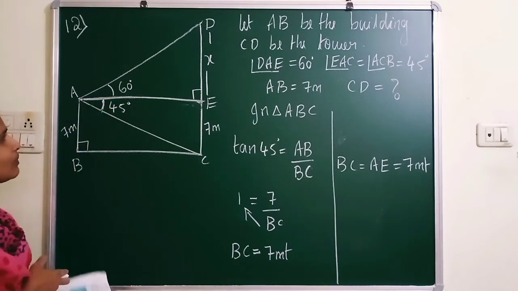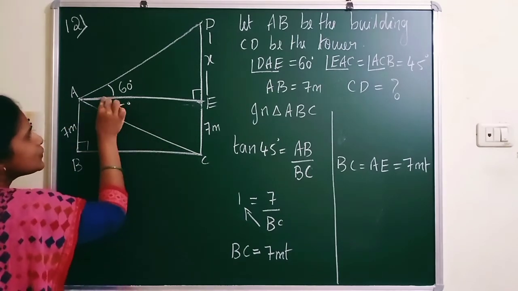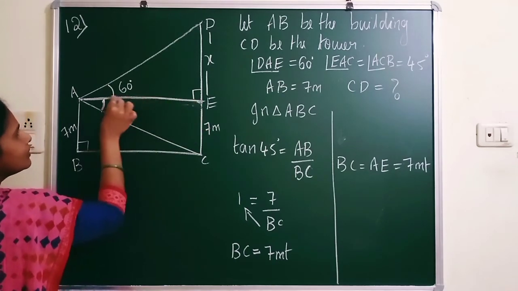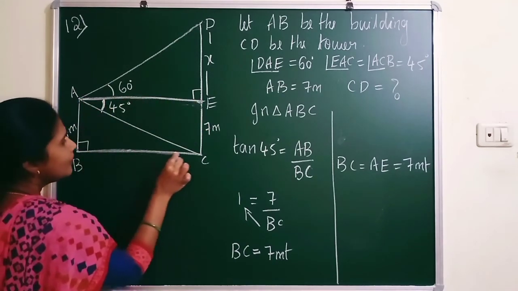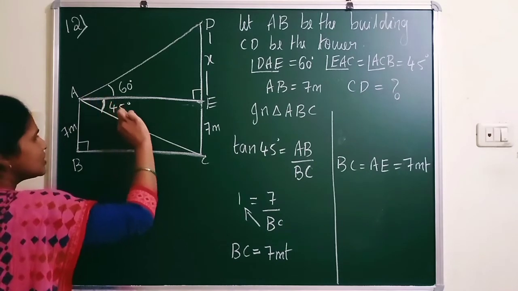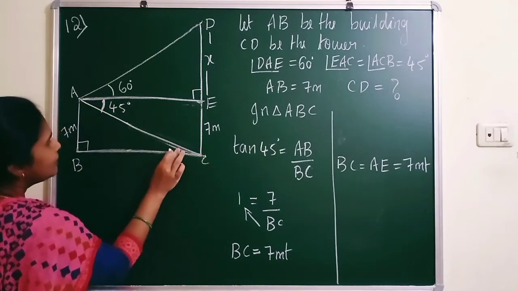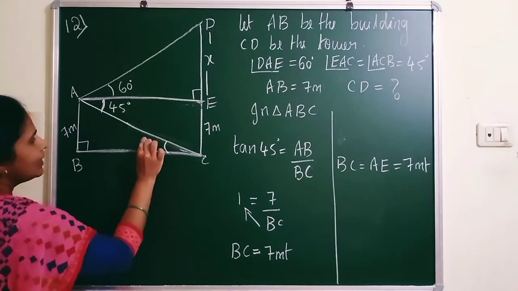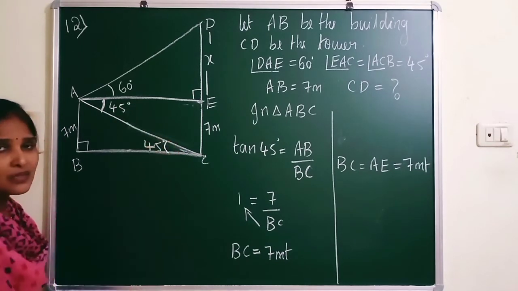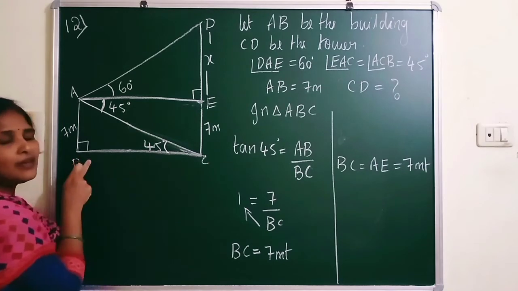Now you can observe here, when this is 45 degrees, these two lines are parallel and this is a transversal, and you can say very easily that if this is 45 degrees, this angle is also 45 because of alternate interior angles.